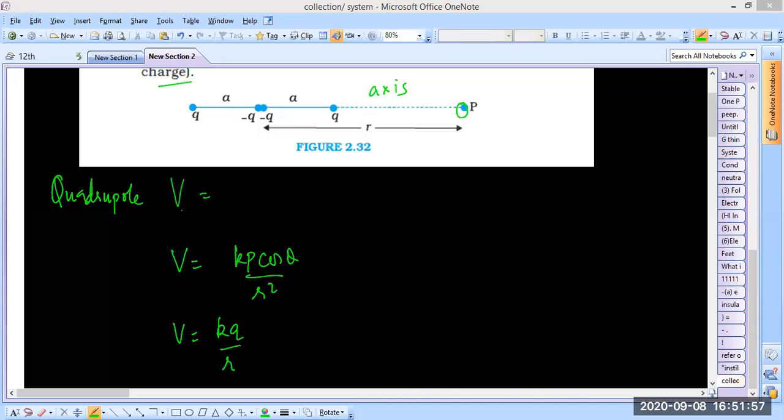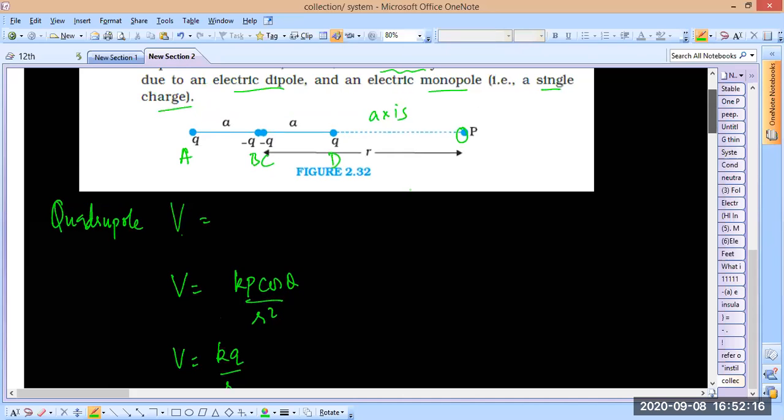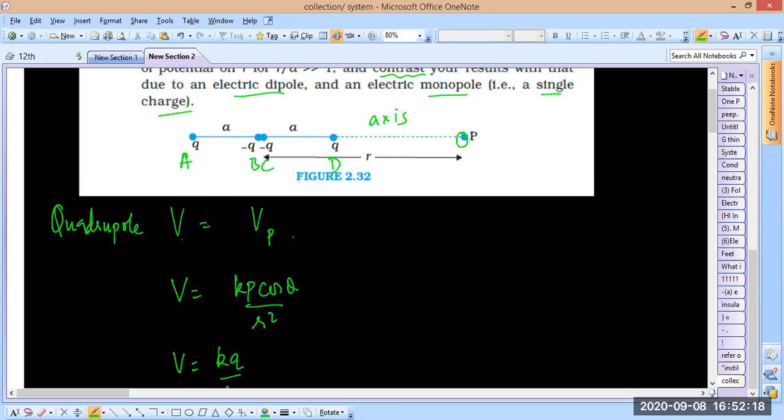I'll just write one line for a hint. Suppose you call this A, B, C, and D. Then potential at P, Vp, is to be found. Who will create potential at P?